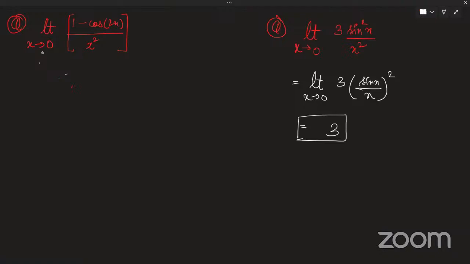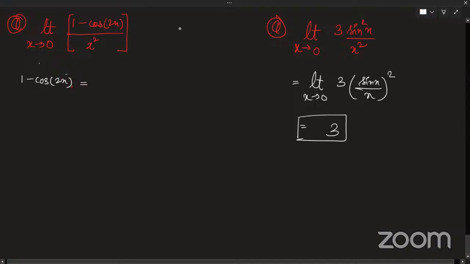So 1 minus cos of 2x by x square. What is 1 minus cos of 2x? Wrong answer, it is 2 sine square theta. Hey bhai, it is 2 sine square theta.